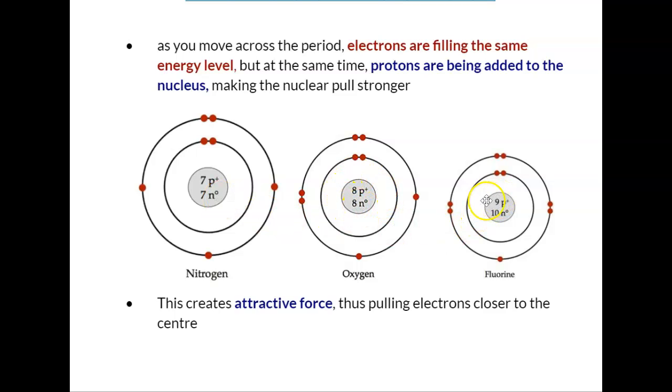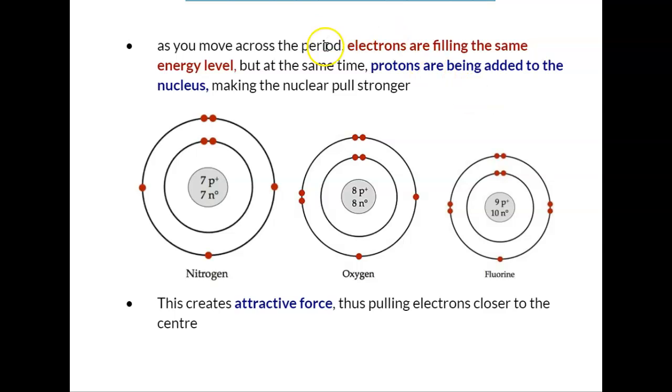So that nucleus is becoming increasingly more positive, which is going to draw in those negative electrons towards its center, right? And so the effect of adding protons to the nucleus as you move from left to right across the periodic table is drawing those electrons in and therefore making the atomic radius less.